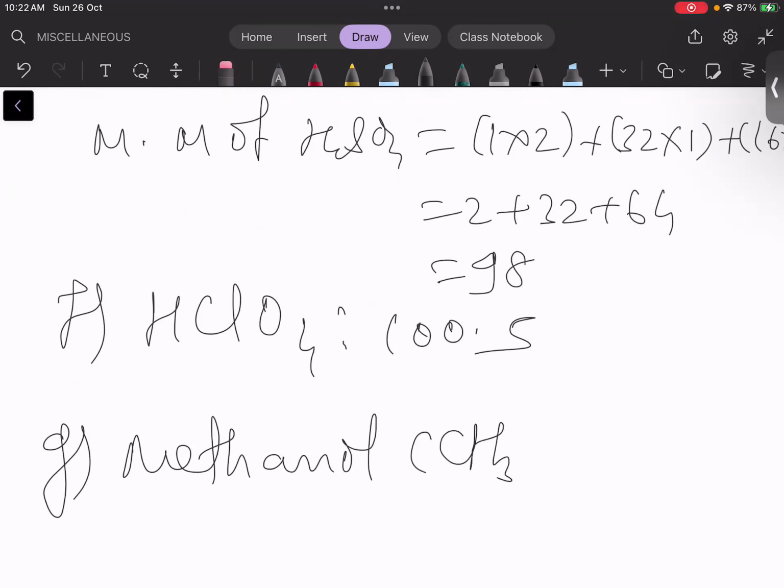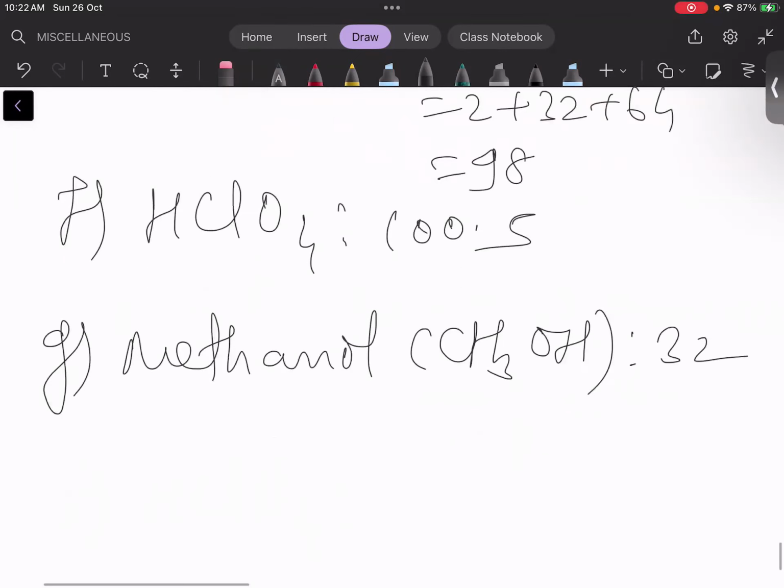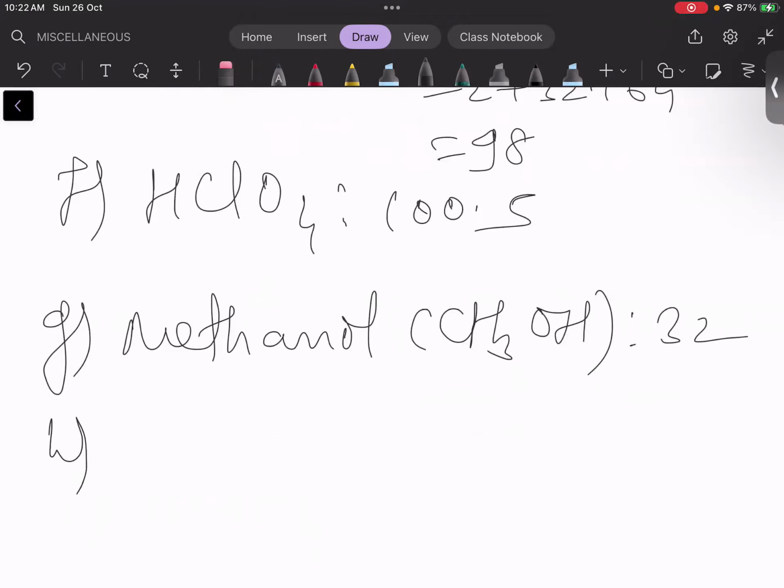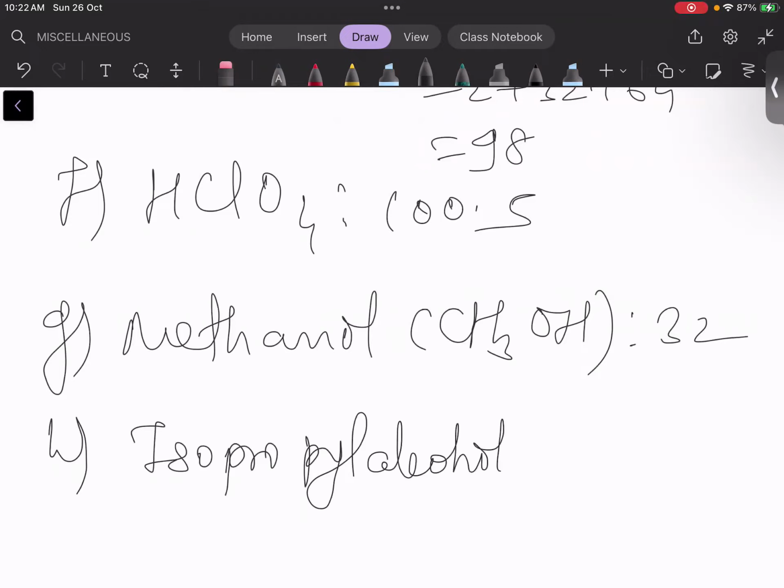What is formula? CH3OH. 32. Very good. Can you calculate for isopropyl alcohol? Isopropyl alcohol, that is CH3CHOHCH3. Calculate it.